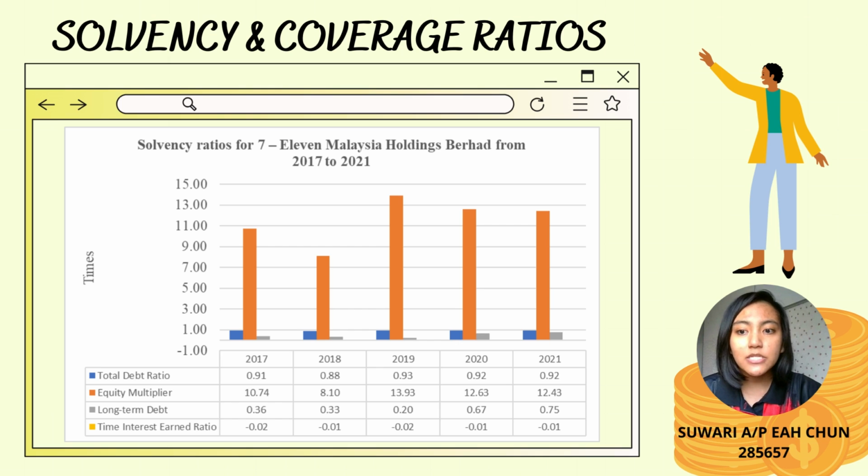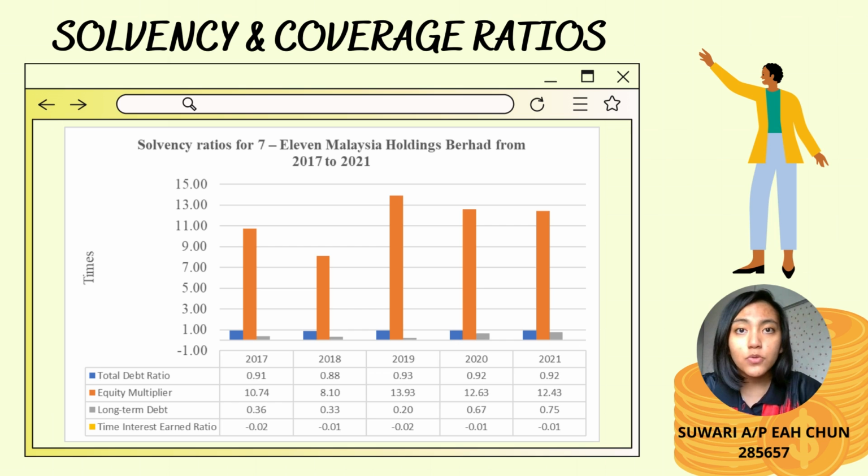Next, equity multiplier is also in the same situation. For instance, between 2017 to 2018, this graph shows a decline, but in 2019 it increased. Then, in 2020 and 2021, the equity multiplier has decreased again.